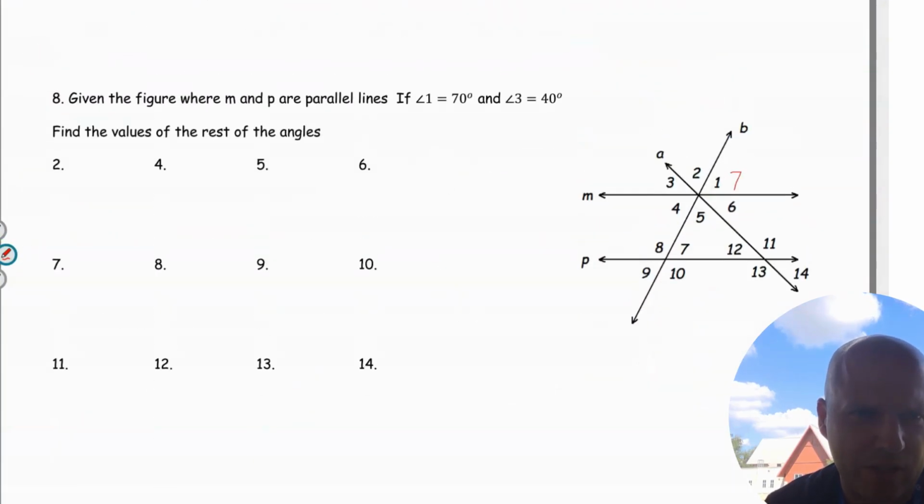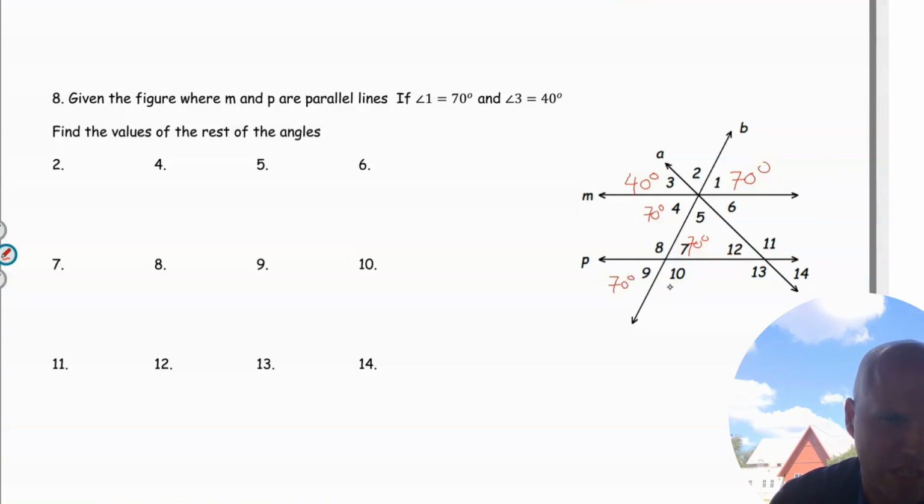Angle 1 is 70. Angle 3 is 40. Now let's just see if we can copy things down. If this is 70, copy, paste, this must be 70. This must be 70. This must be 70. If this is 70, well, 10 must be supplementary, 8 must be supplementary.